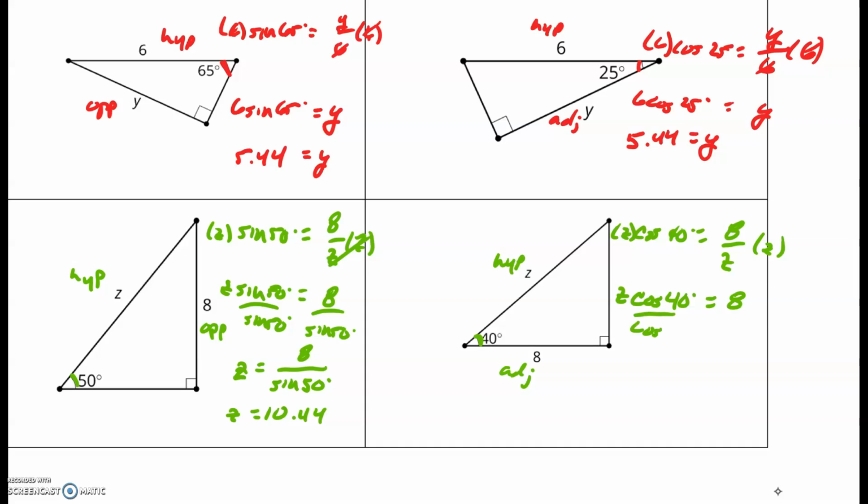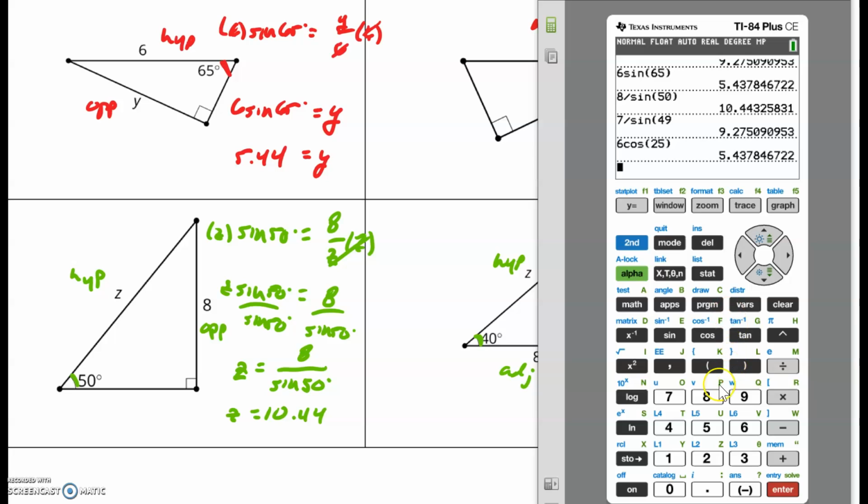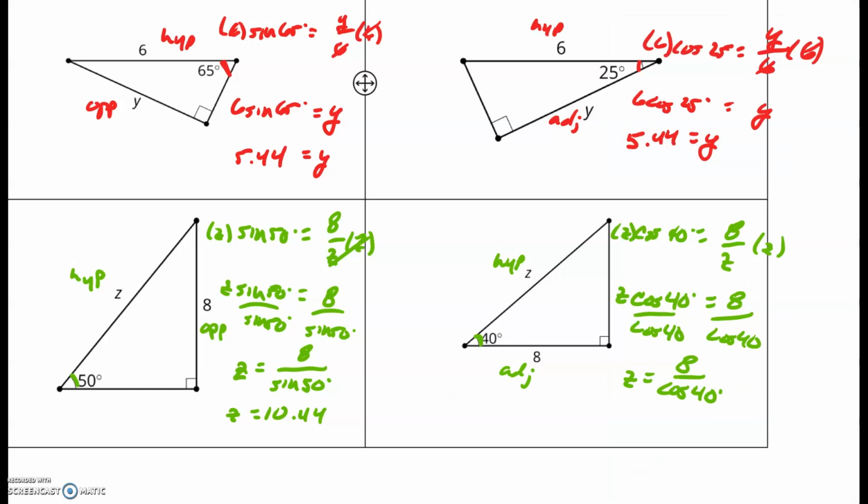Divide both sides by the cosine of 40. z is equal to 8 divided by cosine of 40 degrees, which gives me 10.44.